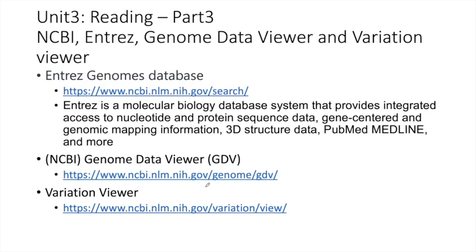Is there any good way to search all these databases in one shot? Otherwise, you have to Google NCBI nucleotide and go there, or Google NCBI GenBank and go there.